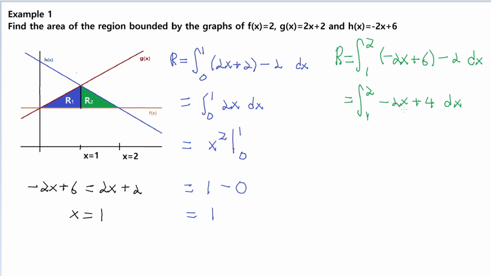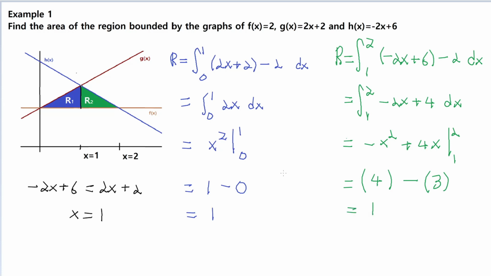The integral of negative 2x is negative x squared, and the integral of positive 4 is 4x. Solving this from 1 to 2, and if you solve this definite integral out, you're going to get 4 minus 3, resulting in an area of 1.